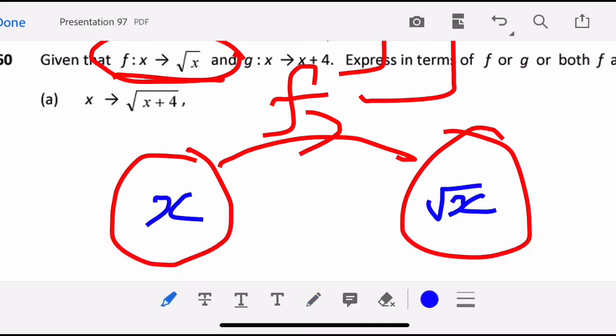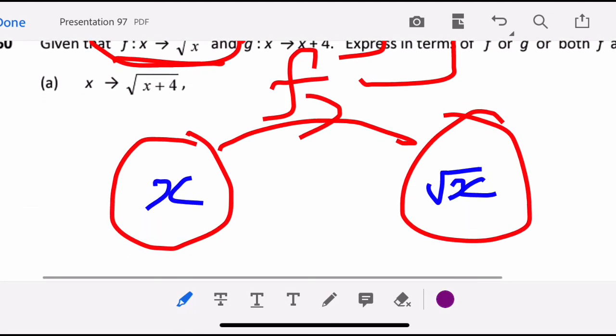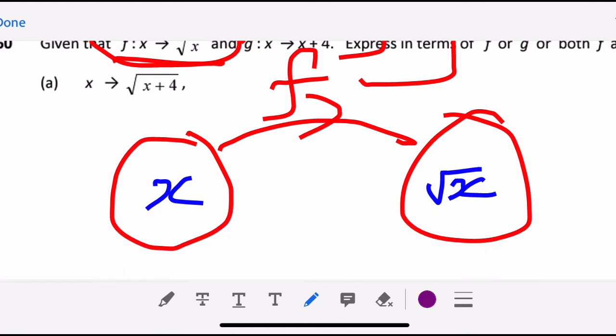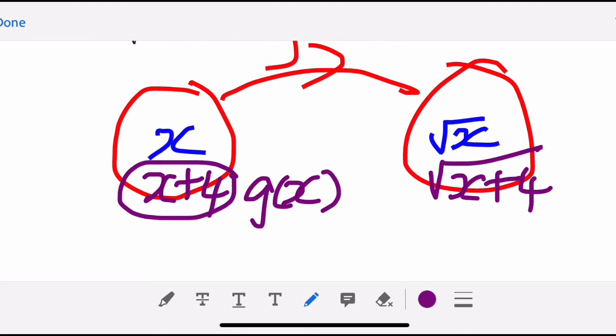But the one given is a composite function. So this is, let me change the color, this is x plus 4. So here the object will be plus 4. So that means this is your g(x). So the f will bring the g(x), right?